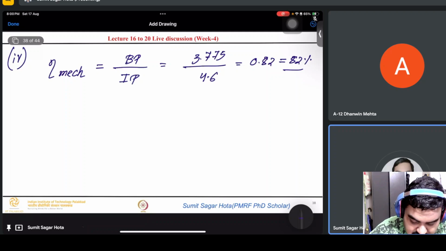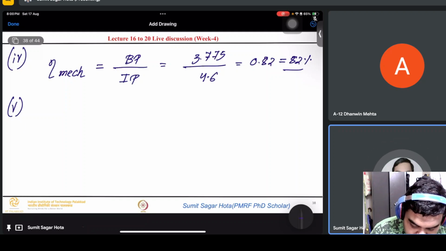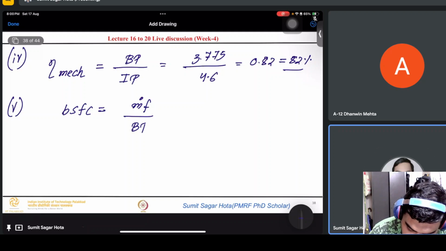Next will be your indicated thermal efficiency. For that we need to find out the m dot f. For m dot f we need the brake specific fuel consumption. BSFC is equal to m dot f by brake power.